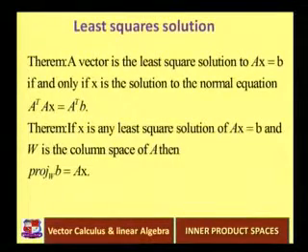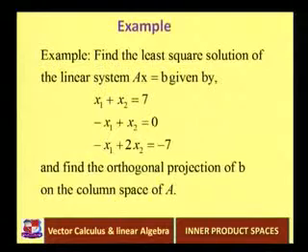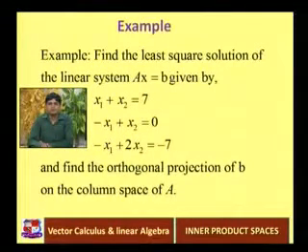Let us take one example. Find the least squares solution of the linear system Ax equals b given by x1 plus x2 equals 7, minus x1 plus x2 equals 0, minus x1 plus 2x2 equals minus 7, and find the orthogonal projection of b on the column space of A.